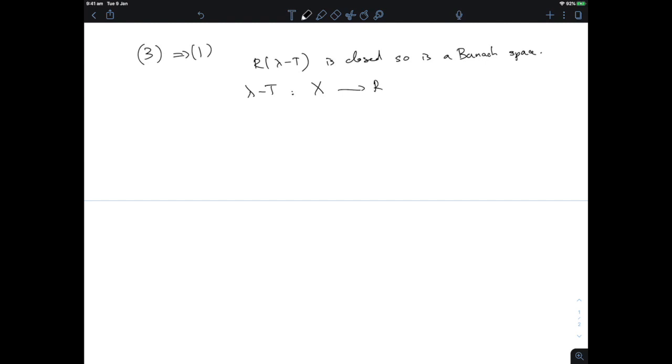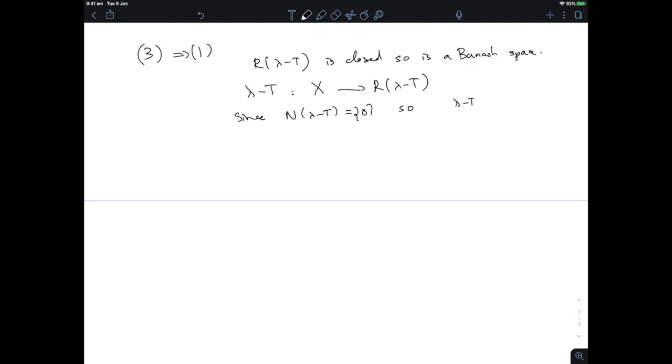Now we have one more thing to do. I just prove that 3 implies 1. So I start with 3, my range is closed, and so it is a Banach space. It's a closed subspace of a Banach space. So now I can look at the operator lambda minus t as a map from x to its range, and I have that the kernel of lambda minus t, the null space of lambda minus t, is trivial.